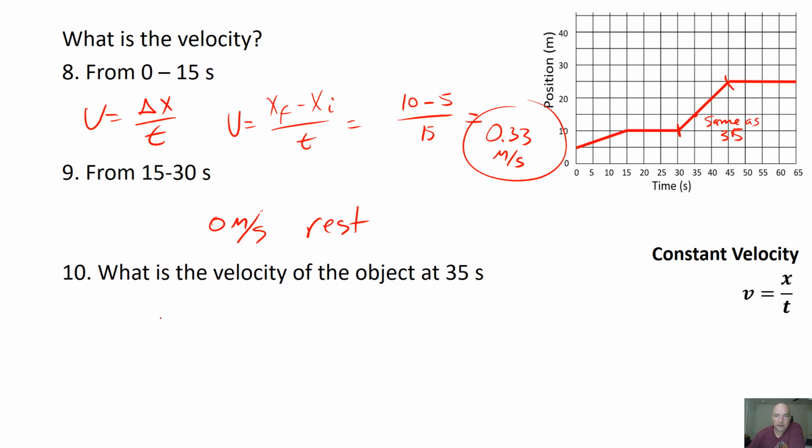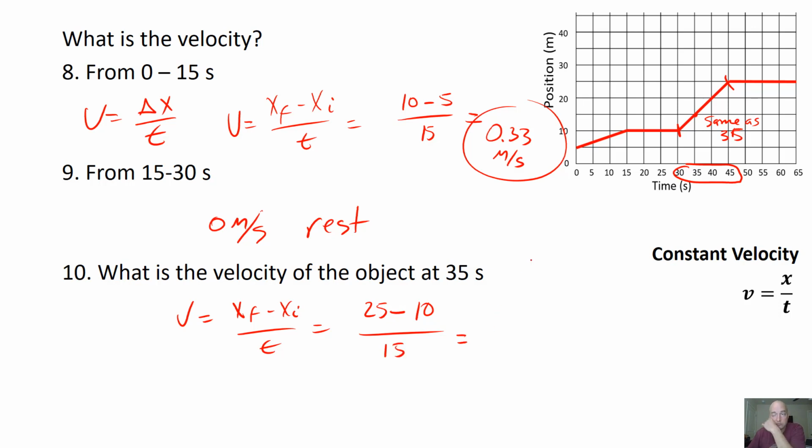So v equals x final minus x initial over time. I'm going to take that whole interval, stop at 25, started at 10, and divide that by 15, since you went from 30 to 45.